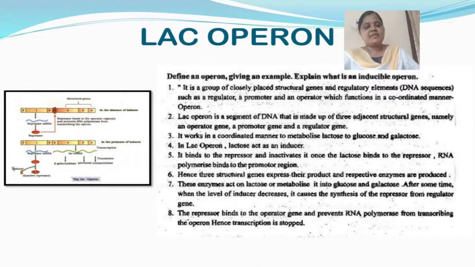After some time, when the level of inducer decreases, it causes the synthesis of the repressor from the regulator gene. This repressor binds to the operator gene and prevents RNA polymerase from transcribing the operon.